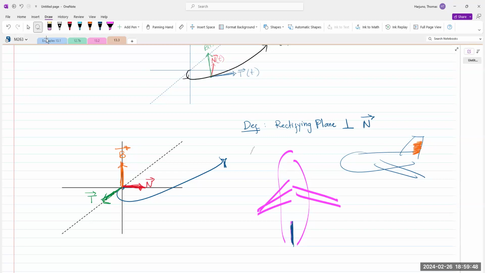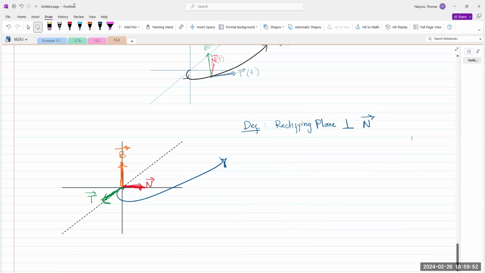Now, the osculating plane is the plane normal to the binormal vector.